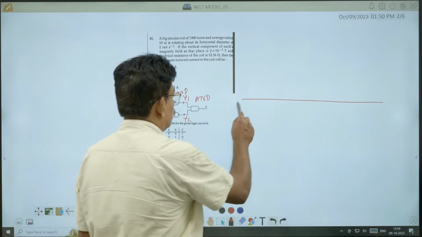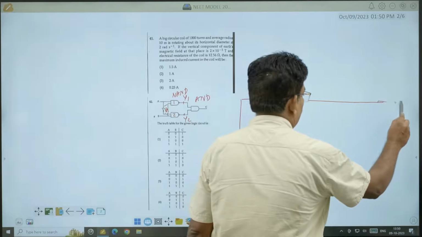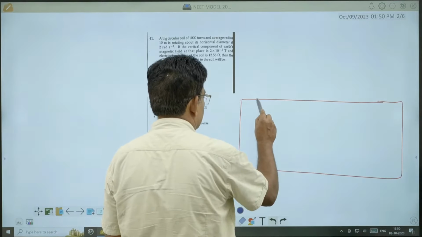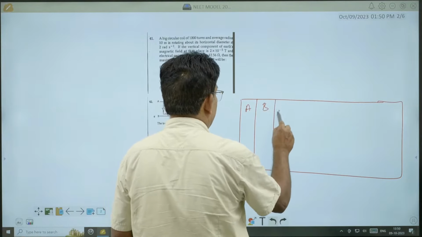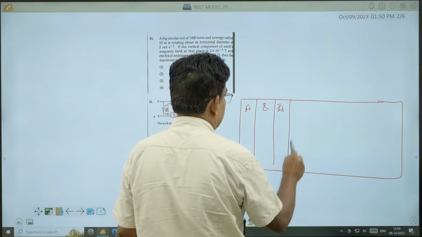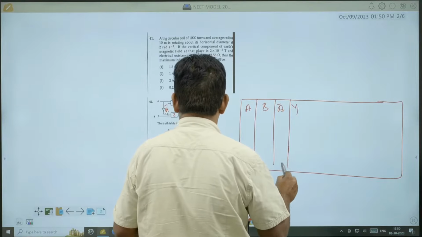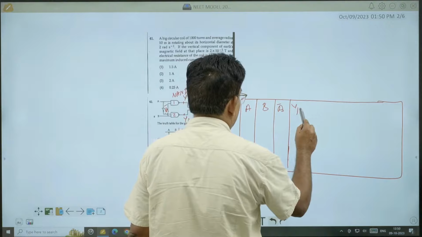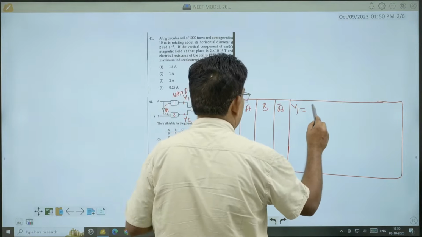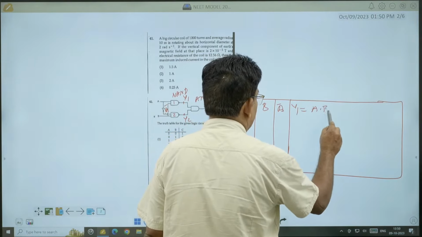So we draw a truth table. The truth table should contain all these things. A, B, we need an A bar. Then Y1. Y1 is what? It's a NAND gate. So what will that be? That is A and B, whole bar.